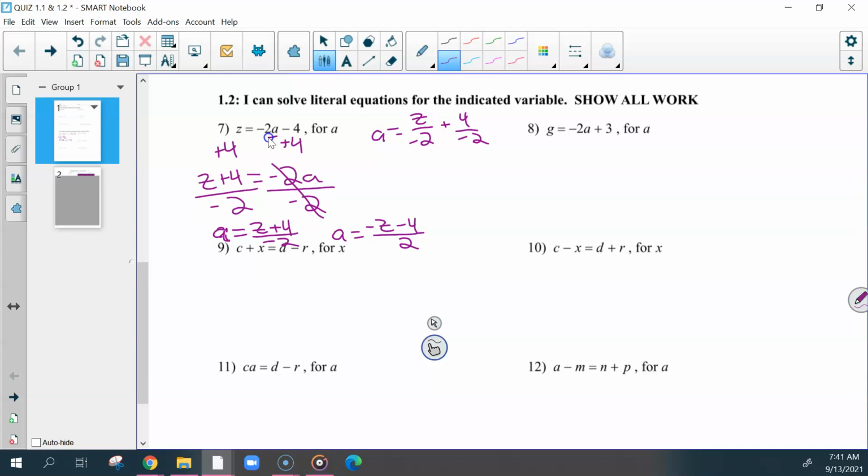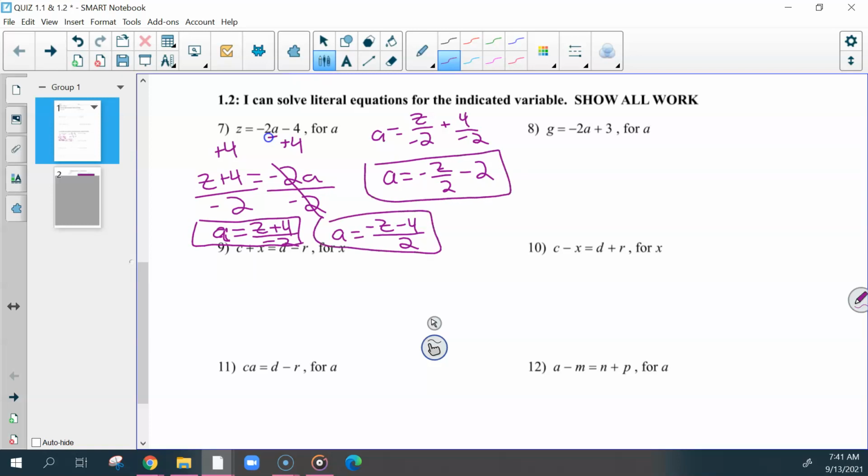You can't simplify it while it's still together. So that would give you A equals -Z over 2 minus 2. Either of those answers would have been acceptable. Questions on that one?